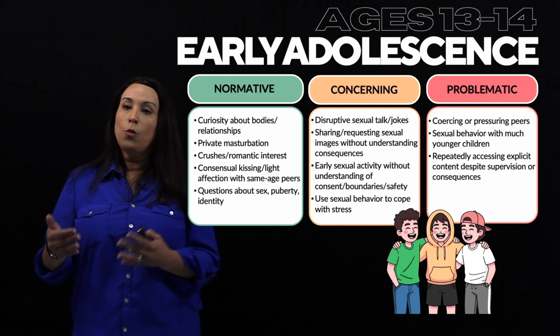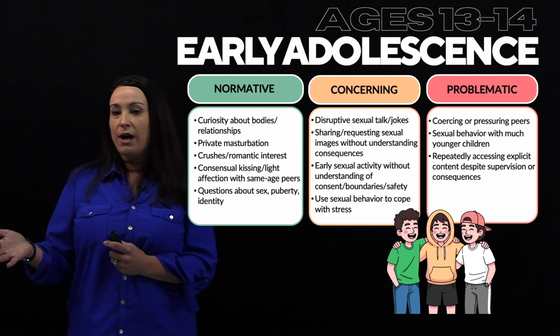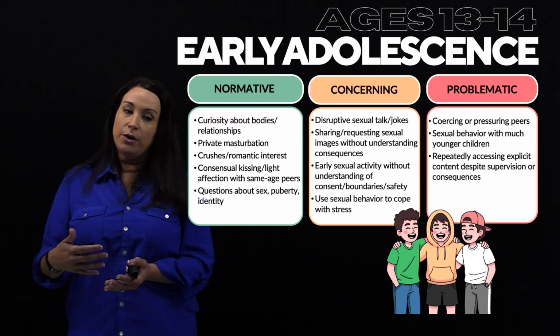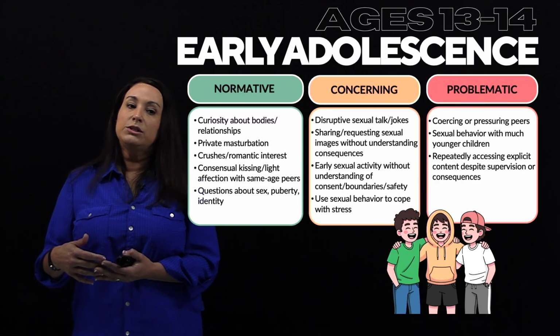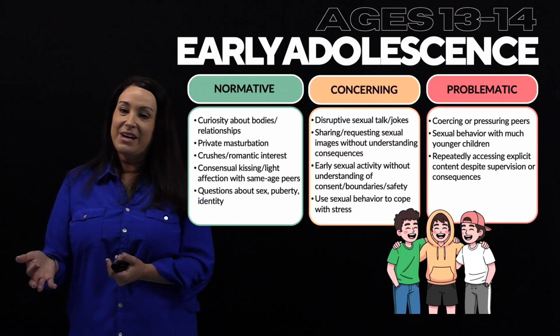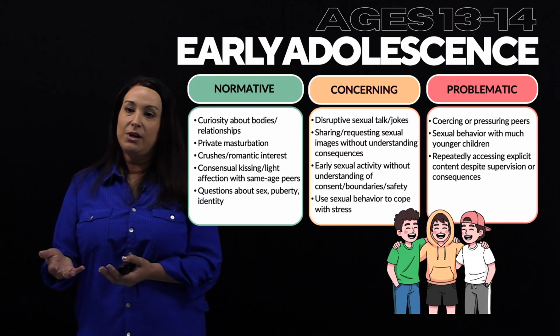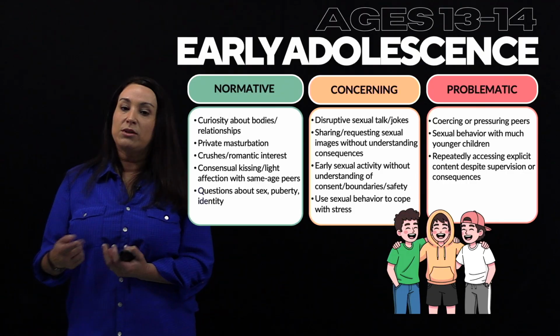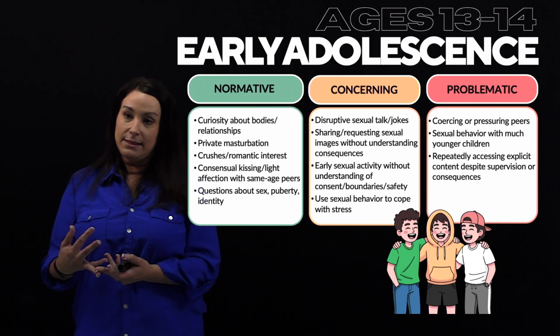It depends on the maturity of the child and the culture in which they're being raised as well. So you really want to know who your child is interacting with regularly and who they're spending their time with. They'll have questions about sex, puberty, and sexual identity.